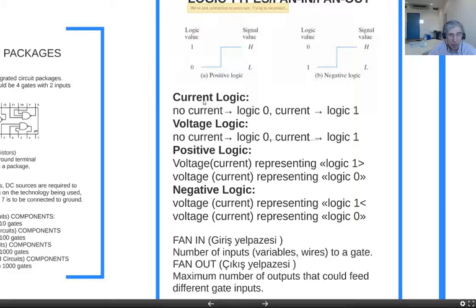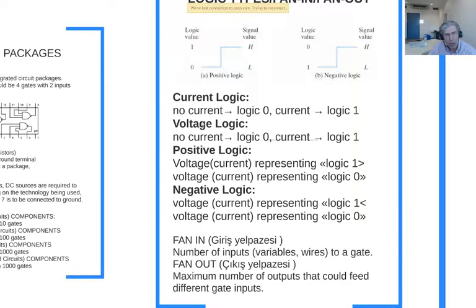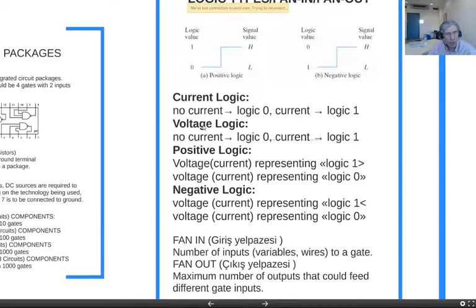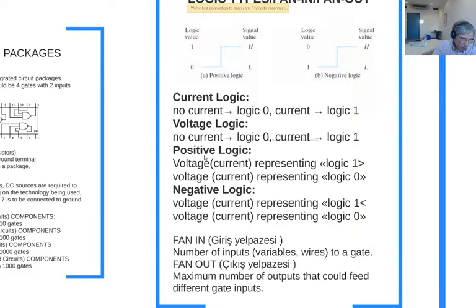One of them is positive current, negative current, positive voltage, negative voltage logics. Not 8, 4 of them. What we're going to use in the lab is voltage logic, and it will be positive logic. That means when the voltage is 5 volts, in theory you are representing 1. If your voltage is 0, then your theoretical value is 0.